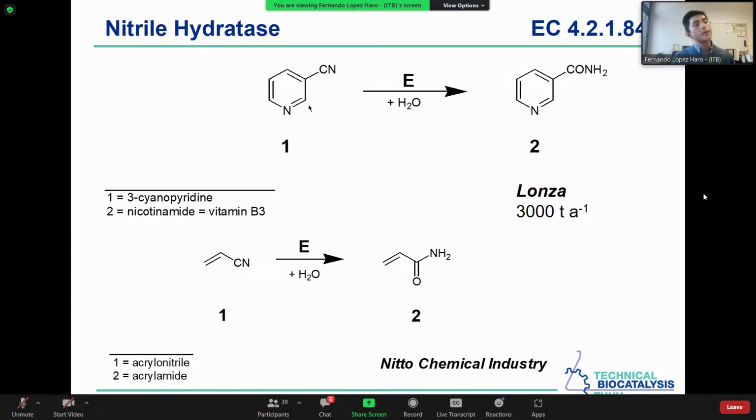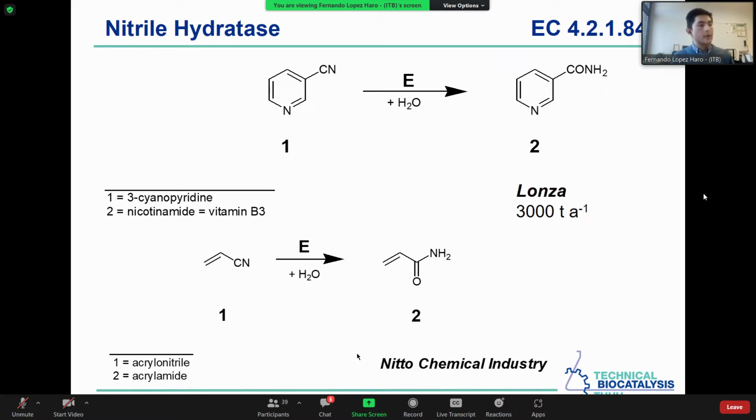Once again, you have two substrates. You add water to this compound, and you produce a single component. No need for heavy metals, no need for cofactors, no need for any other components that might make the purification step harder, especially when we're talking about something that you are going to offer for human consumption. This is why it is fairly attractive.